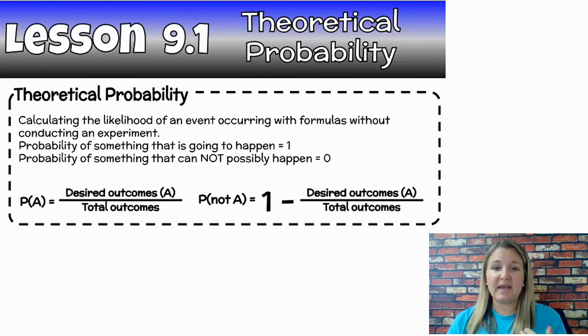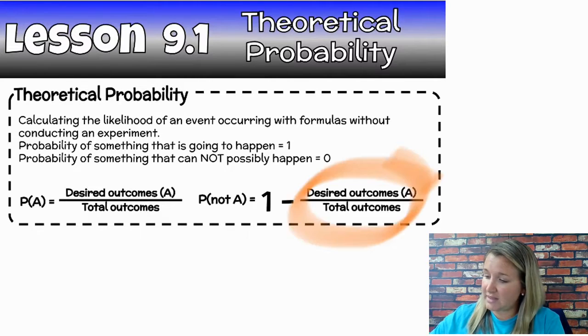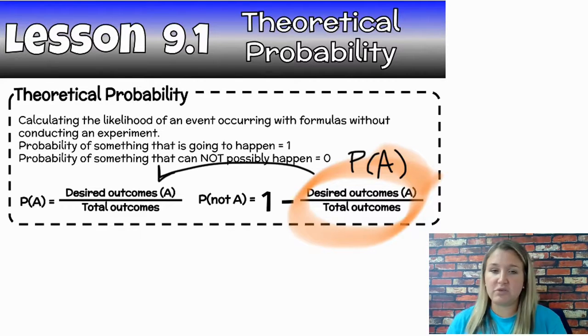For something that is not A, so everything that is not part of your event, you can take everything that's going to happen, which is one, minus the probability of A. So if it says not something, you can take one minus the probability that it would happen.